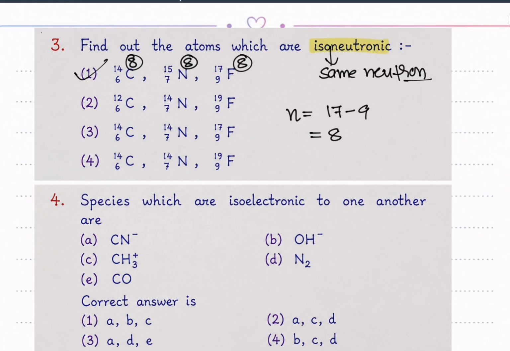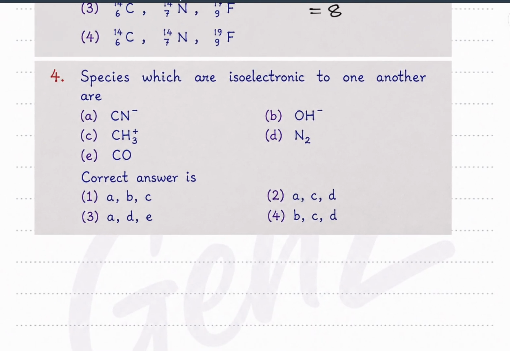Next question. Species which are isoelectronic. Isoelectronic means they have the same number of electrons. Let us see the number of electrons in the given species. Here 6 plus 7 plus 1, which means it is 14. Then 8 plus 1 plus 1, it is 10. In N2 it is 7 plus 7, it is 14.